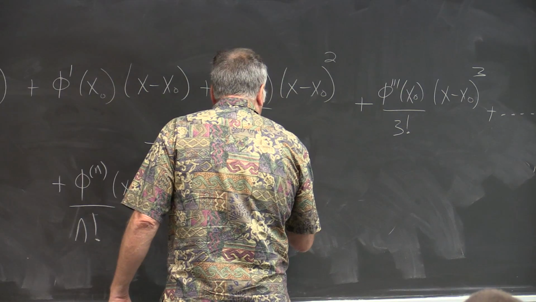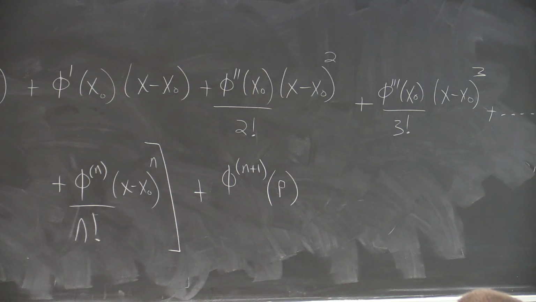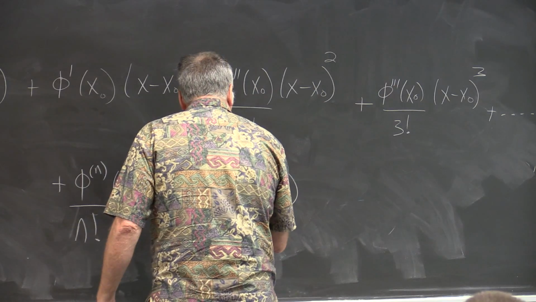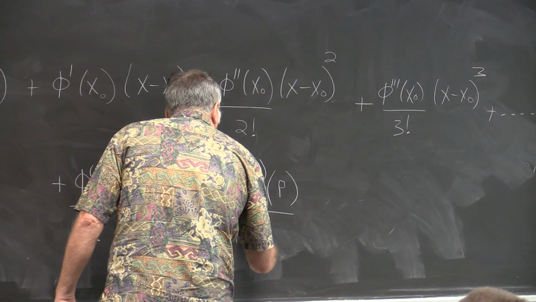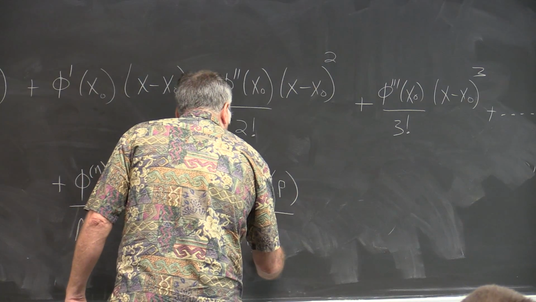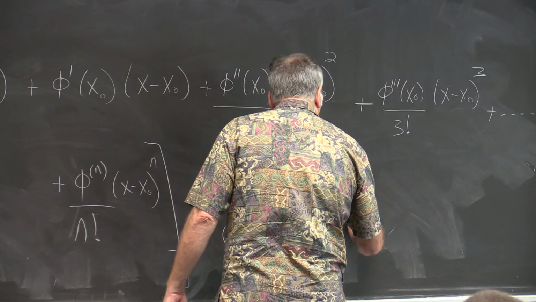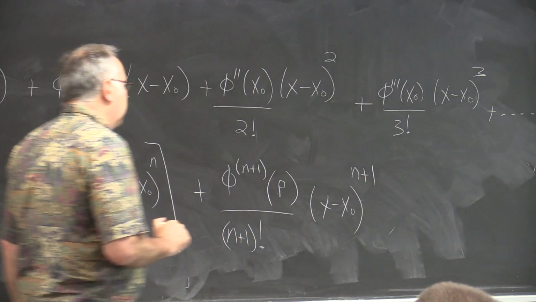Now, we don't know what P is. We know it's some value between x, whatever x is, and x of 0. But this is the undetermined part. Over n plus 1 factorial times x minus x of 0 raised to the n plus 1 power. Okay, that's the remainder.